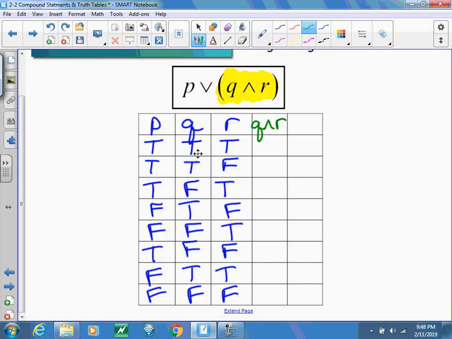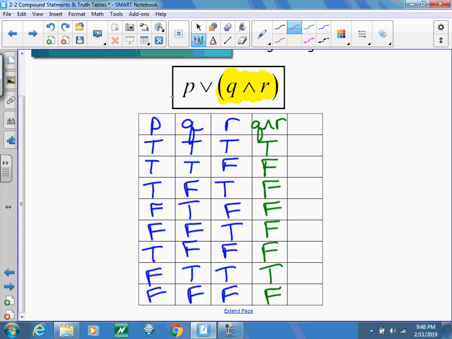So I'm going to take the second and the third column right here and look to see where I have 2 trues. True, true, so this statement's true. True, false means false. False, true means false. True, false means false. False, true means false. False, false is a false. True, true is a true. And false, false is a false. So that takes care of Q and R.